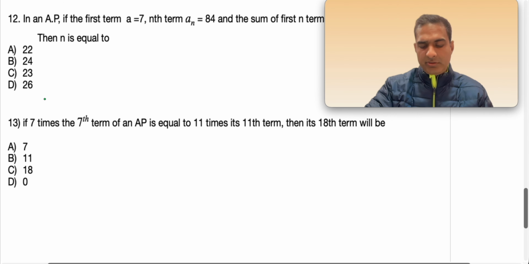Now the 13th one is an interesting question. If 7 times the 7th term of an AP is equal to 11 times its 11th term, then its 18th term will be. No information is given about the first term or the common difference. A relationship between the 7th term and the 11th term is given, and depending on that information, we have to find out the value of the 18th term of this series.